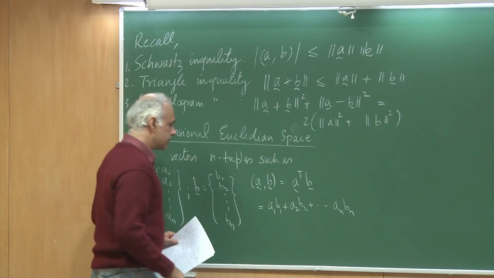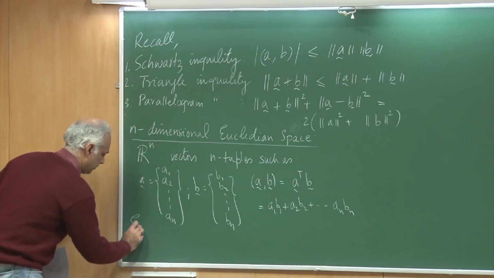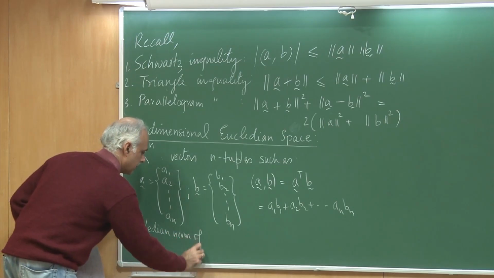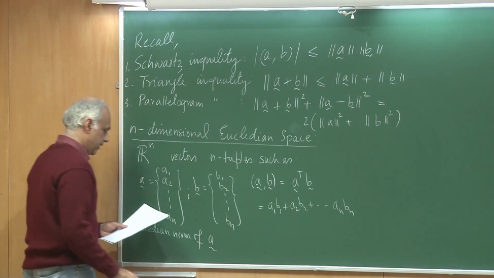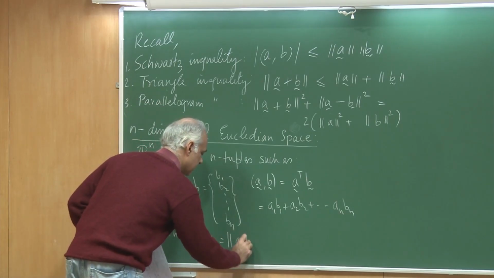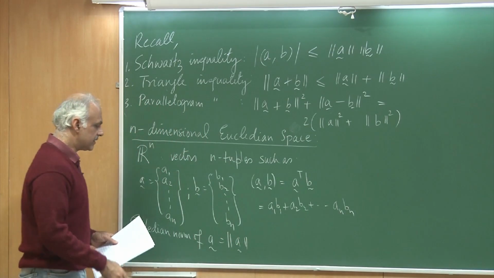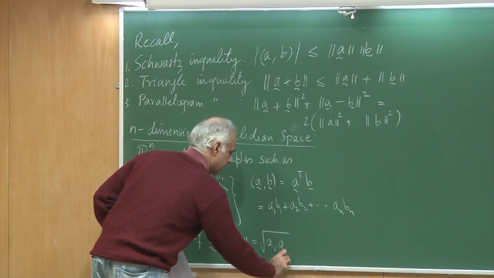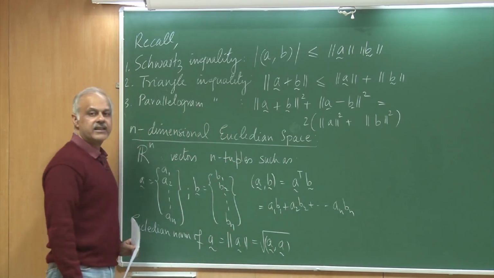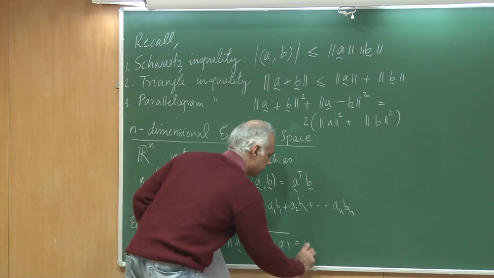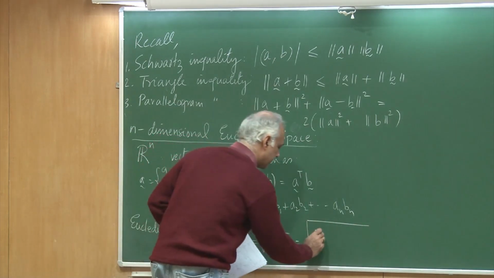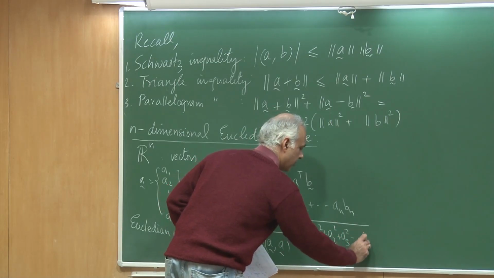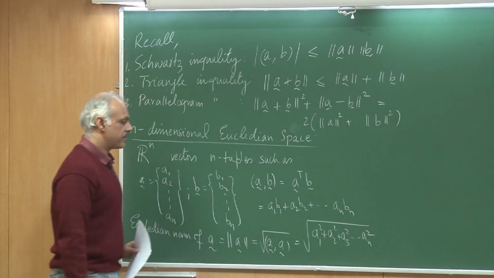The Euclidean norm of A is denoted as, we have already seen this, and that would be square root of the inner product of the vector with itself, and that of course is going to be given as A1 square plus A2 square plus A3 square all the way to An square.